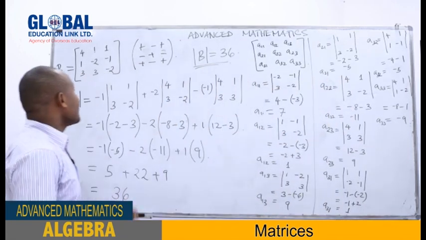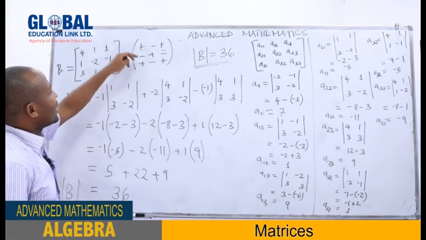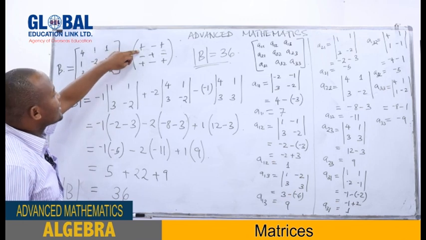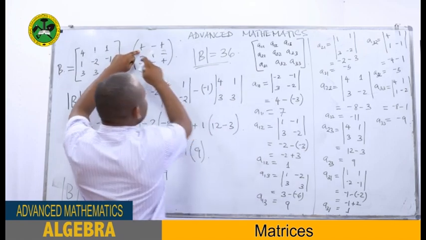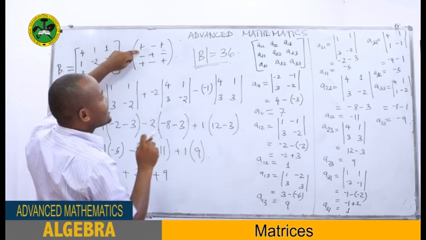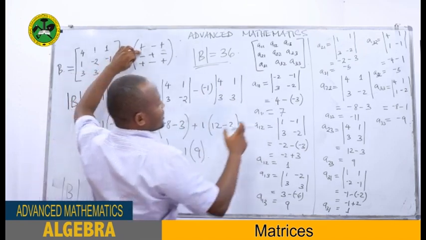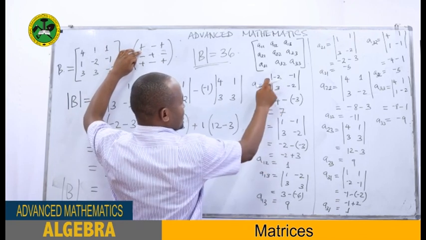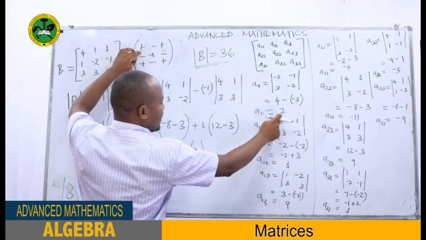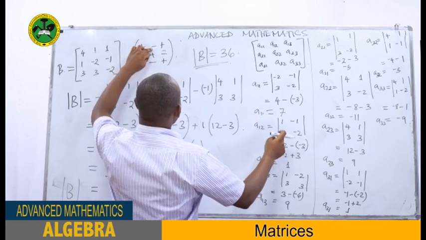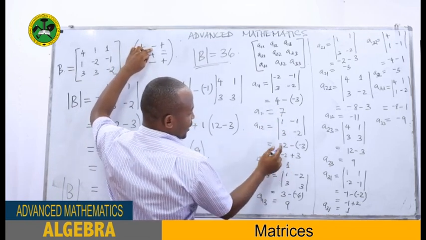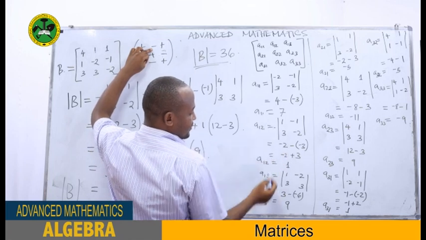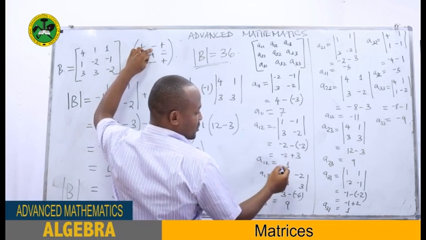But remember, the pattern was that the first cofactor is supposed to be multiplied by positive. The second one is supposed to be multiplied by negative, so all of these are multiplied by negative.